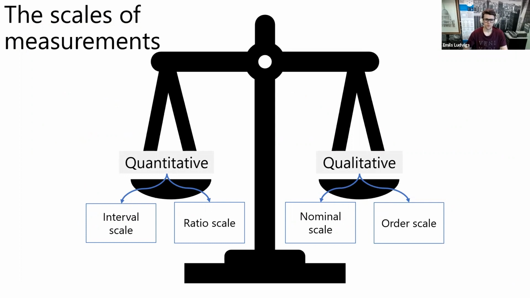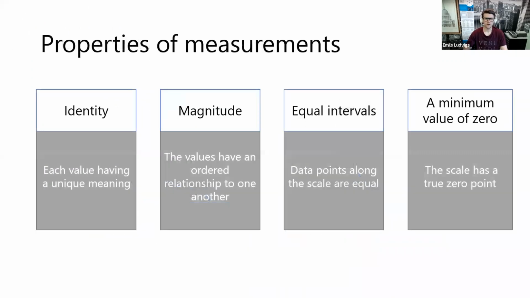And what's interesting about these 4 properties of these 4 scales is that all of them have some kind of identity. Each one has a unique meaning. We know that this value means something and it's unique.